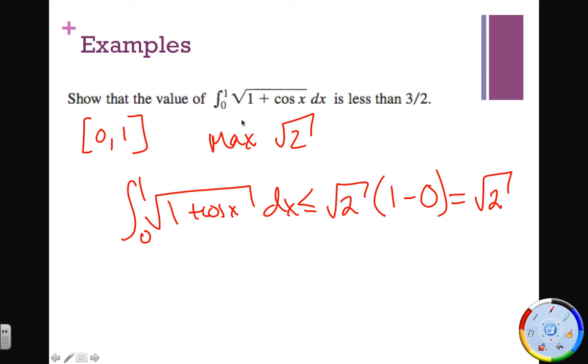So it tells me, using my min-max identity, if you want to call it that, the function itself will never go above square root of 2 between 0 and 1, which will actually show, using this inequality, and using transitivity, by the way, that this integral will never go above square root 2. And since square root 2 is not above 3/2, that means this integral is never going to go above 3/2.